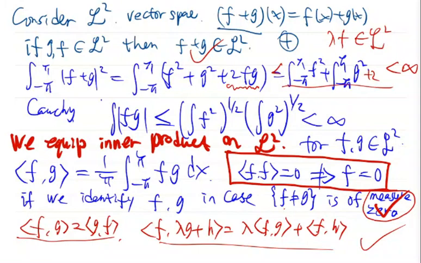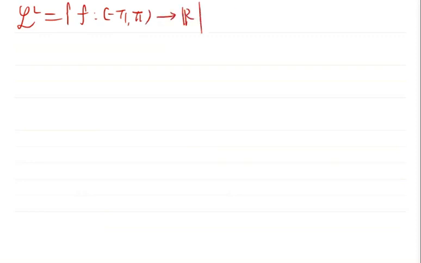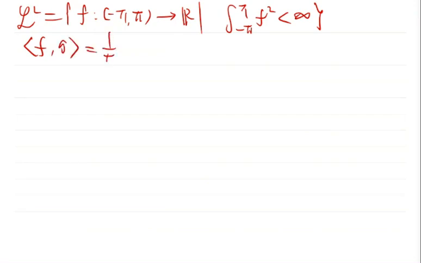So L2 consists of functions f defined from minus pi to pi to R, such that f squared is integrable, with the inner product we just defined.